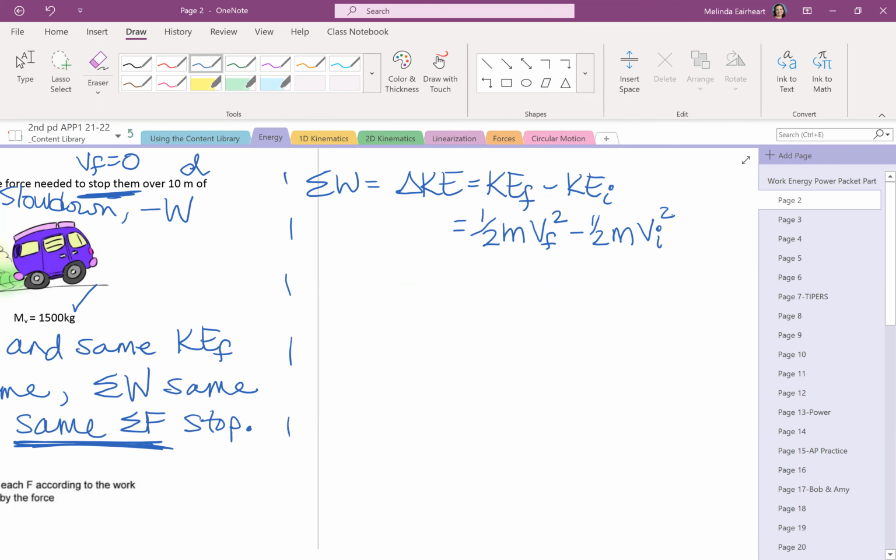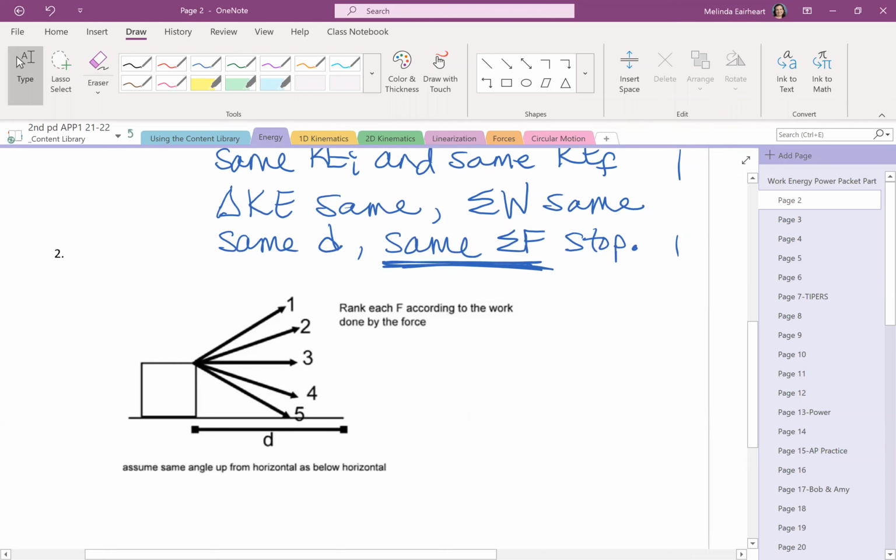All right, look at example 2. Again, not really doing numbers here, just doing some concepts. It says rank each force according to the work done by that force. And the picture shows a particular box. It says it's going to move a distance d, and we'll assume it's moving to the right.